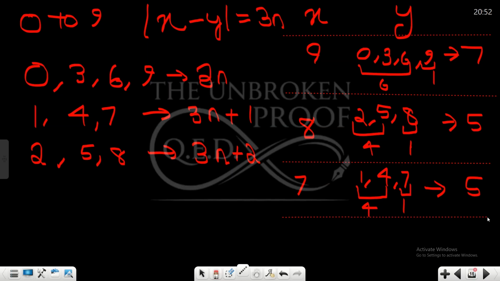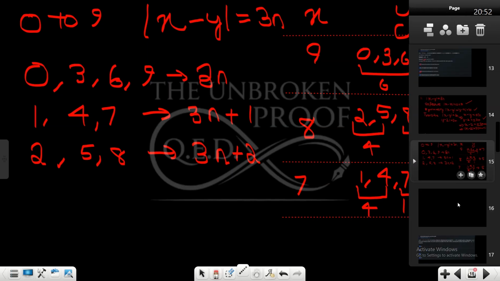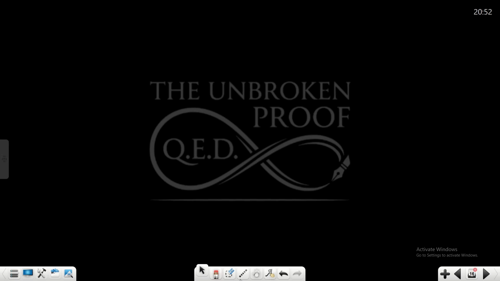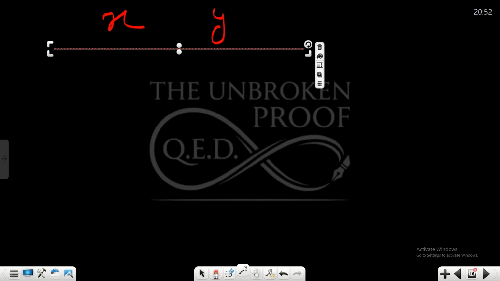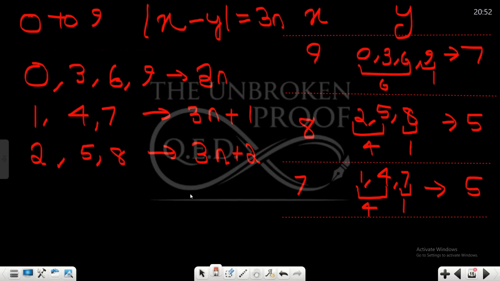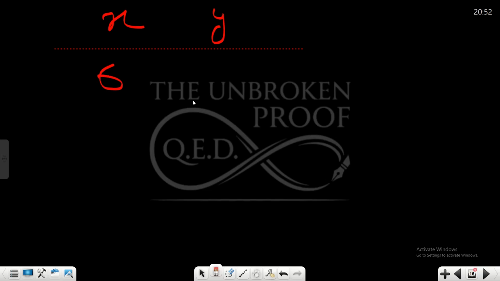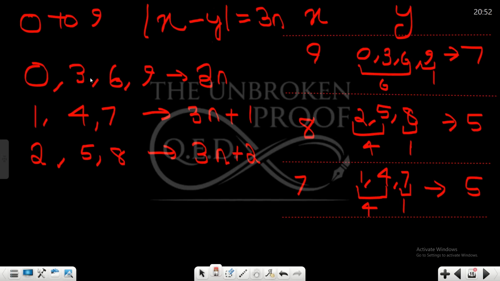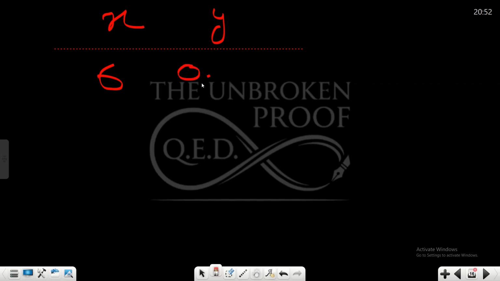Now if you take x as 6, let me write in the next page. Okay, now if I consider x and y over here, and I take x as 6, then the possible cases are 0, 3 and 6. You must not take 9 because we have counted it already. So here you will have 0, 3, 6, and here 4 cases will come, here 1 case will come, so finally you will get 5.